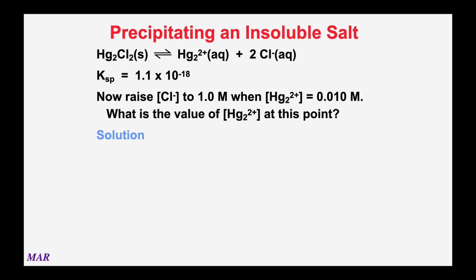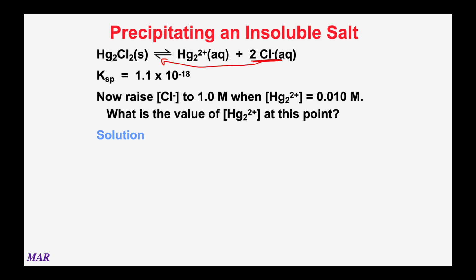If you push the chloride to 1 mole per liter, when the mercury was initially 0.010 moles per liter, well, by Le Chatelier's principle, if you add a lot of product here, chloride, it should make the reaction move to the left. So the mercury, which was 0.010, should be a lot less as we pump the chloride up to 1 mole per liter.